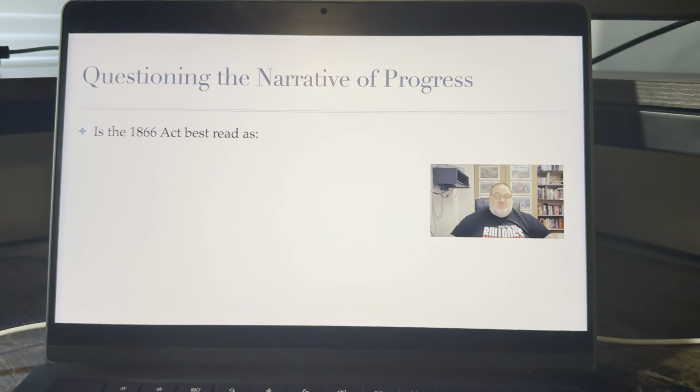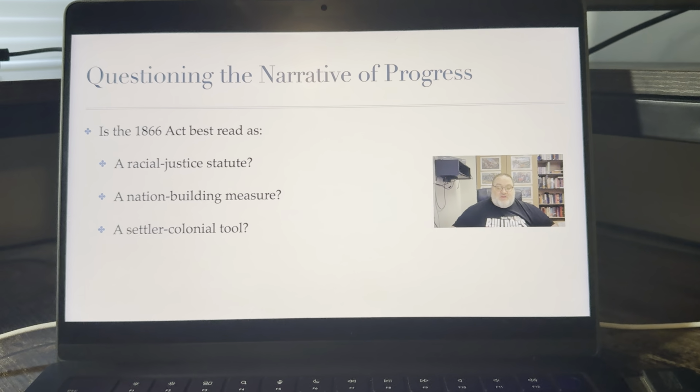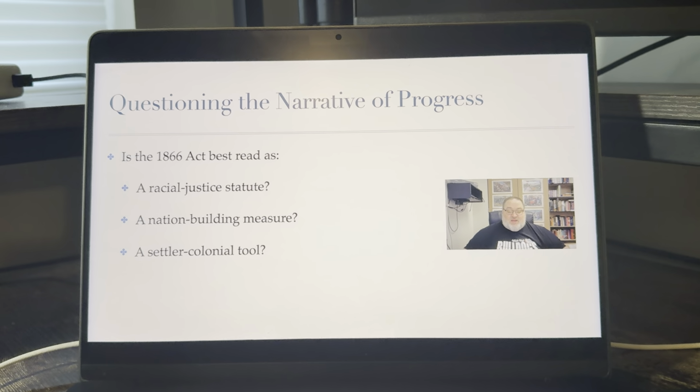If we take the exclusion of Indians not taxed seriously, is this primarily a racial justice measure, a nation building measure, a settler colonial measure, or some uneasy combination? How does the story of Reconstruction change if Native peoples are not simply a footnote, but are centered in our analysis of citizenship and rights?